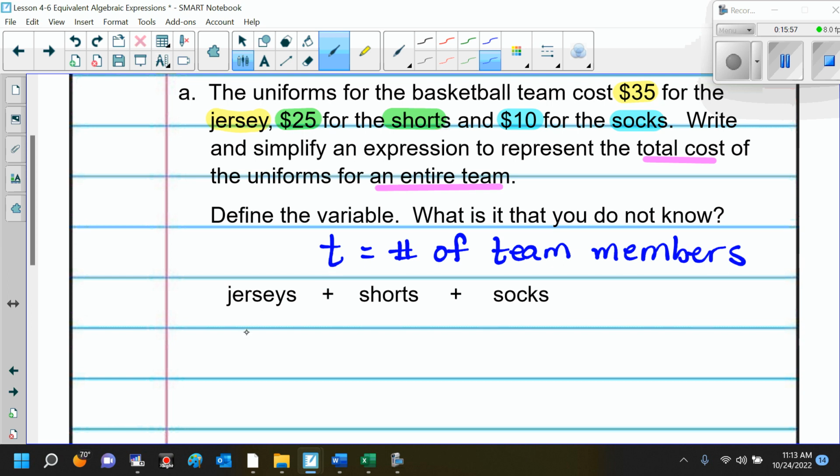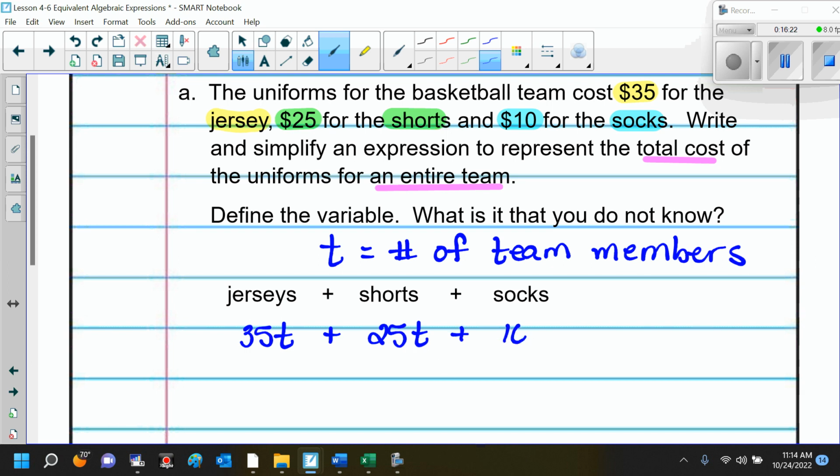So that's going to be 35T plus, how do I write how much I'm going to spend on shorts? 25 times the number of people on the team. Plus, how much am I going to spend for socks?